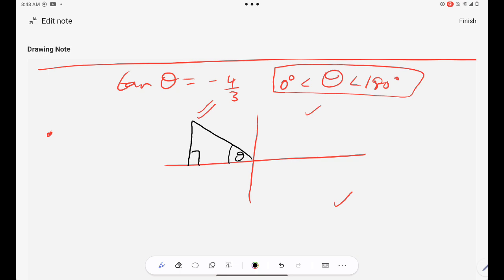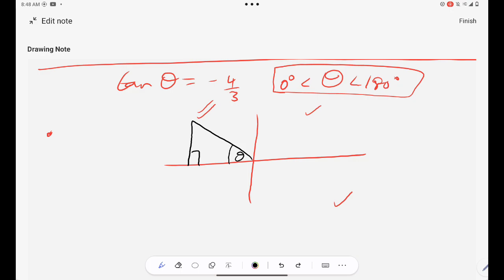So since I have negative 4 over 3, by definition, tan is Y over X. And since my triangle is above the x-axis, I know that Y is positive. That means X should be negative, right? Because if I'm dividing two numbers and I get a negative answer, it simply means that those numbers have different signs.